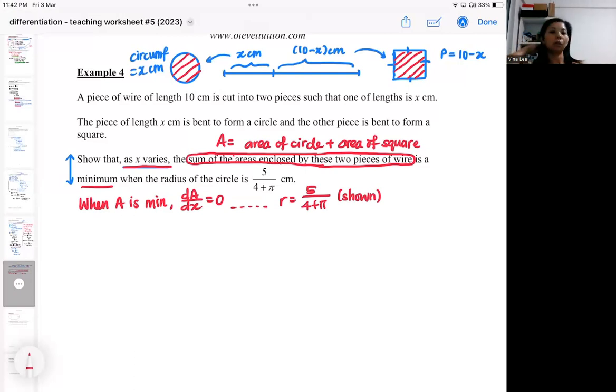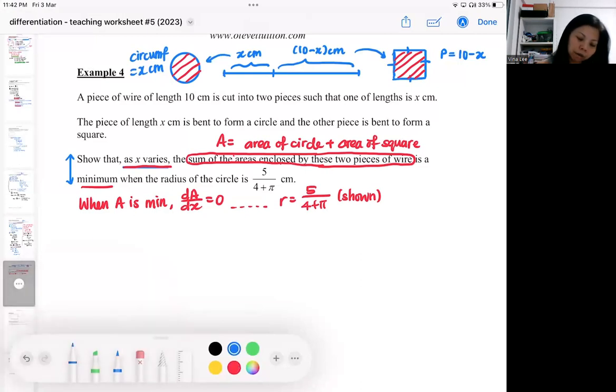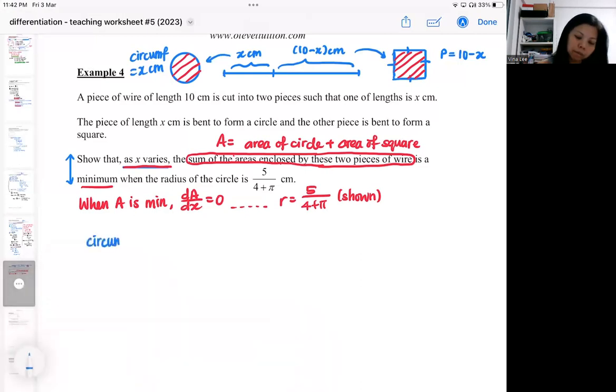So you realize that you don't have the expression even to differentiate. Okay, so you got to target the parameter first. So how are you going to target? So first of all, the circumference of the circle is X. What's the formula for circumference? That will be 2 pi r.